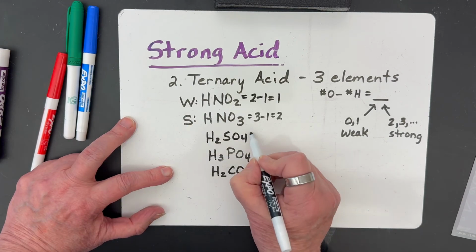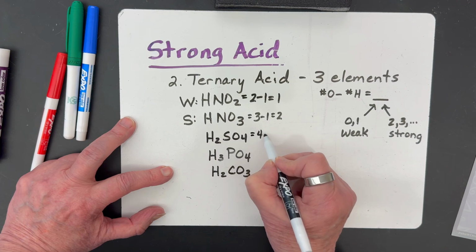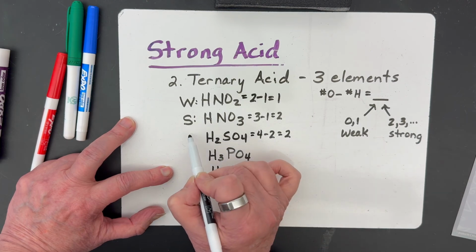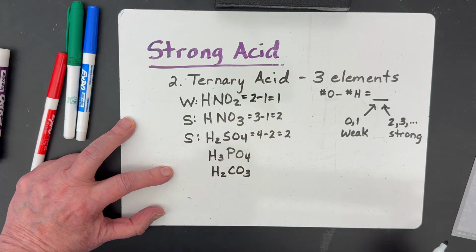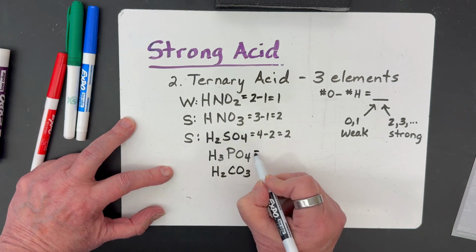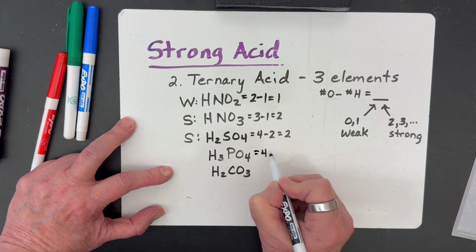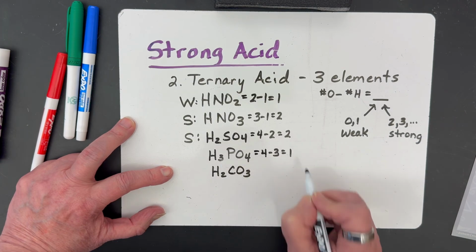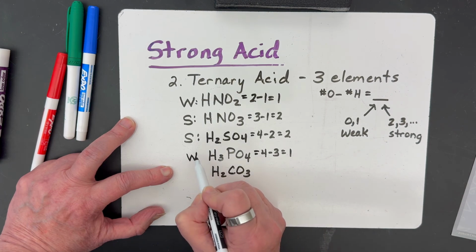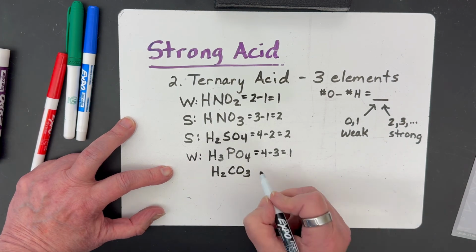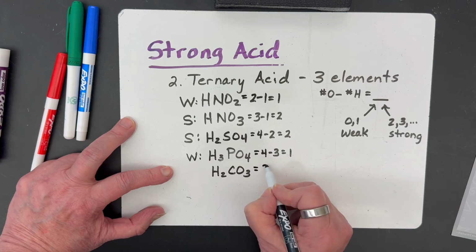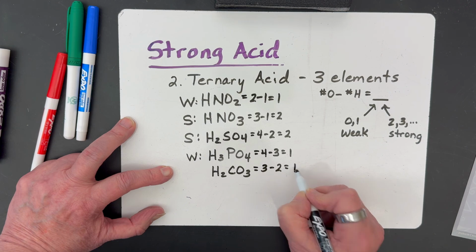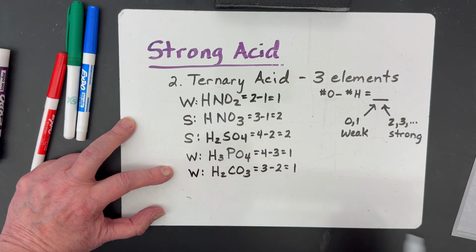Next one, we have 4 oxygens minus 2 hydrogens equals 2. That is strong. The next one, we have 4 oxygens minus 3 hydrogens, which equals 1. That is weak. And our last one, 3 oxygens minus 2 hydrogens equals 1, which is weak.